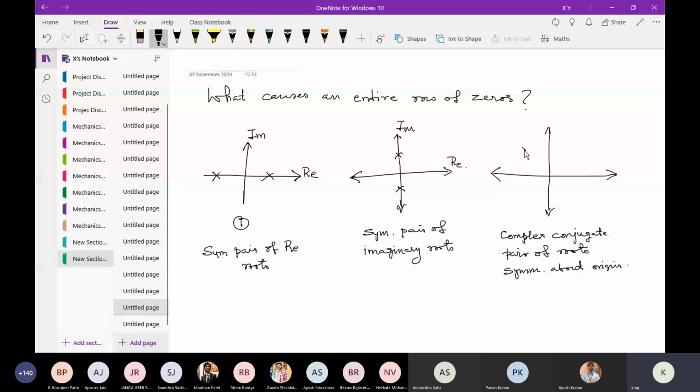So this is another situation where the roots will be located symmetrically about the origin.